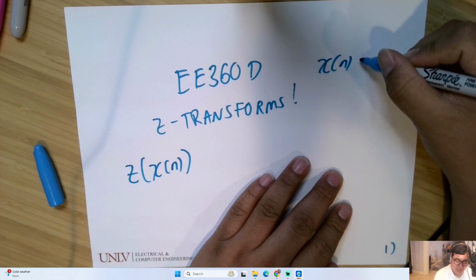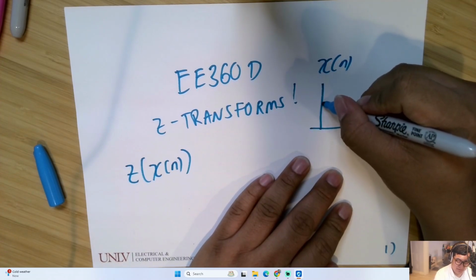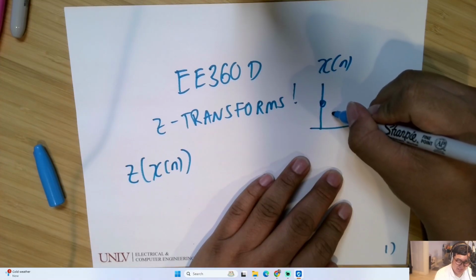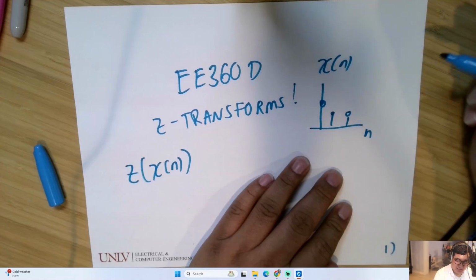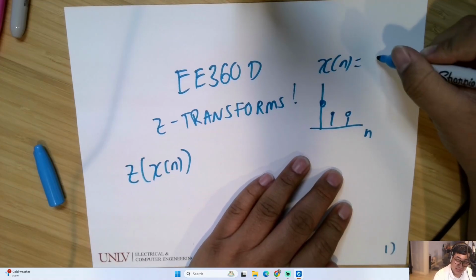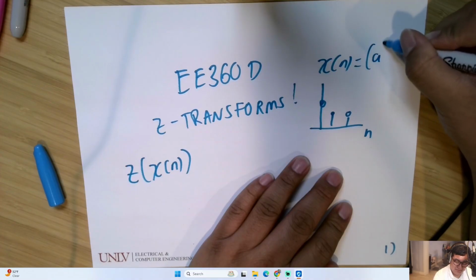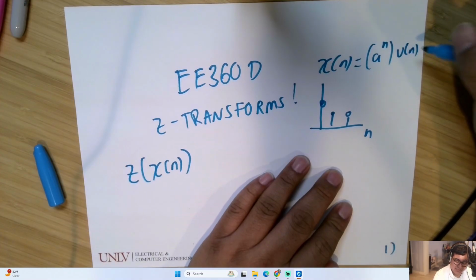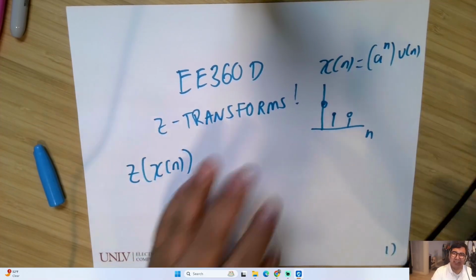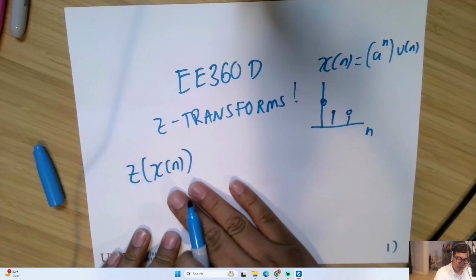Let's draw something like this, where this is n, and that's our signal x of n. Let's say it's a to the n times u of n. So anyways, this is the way we're going to define it.